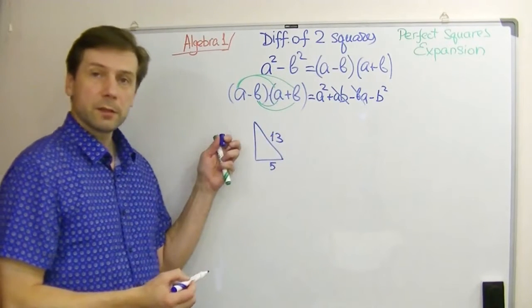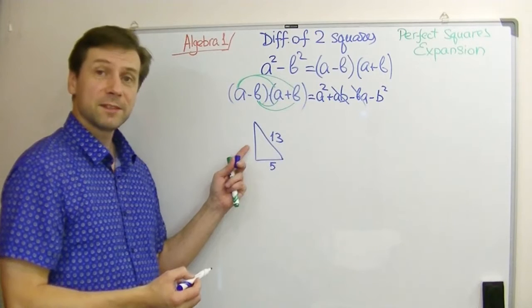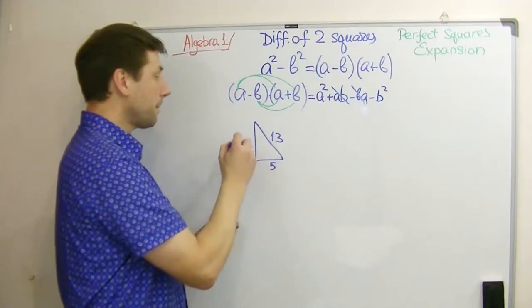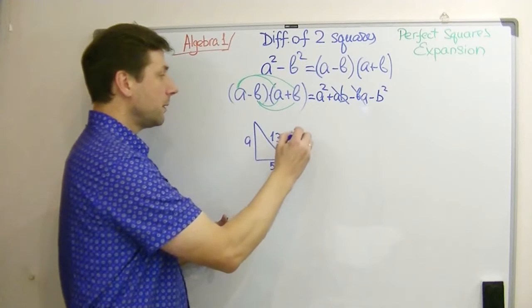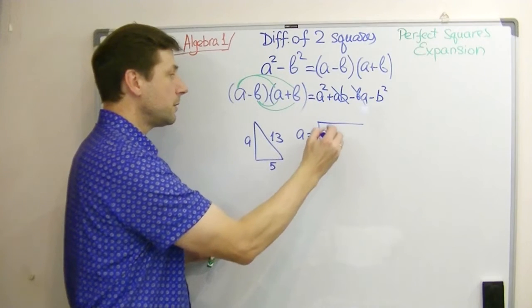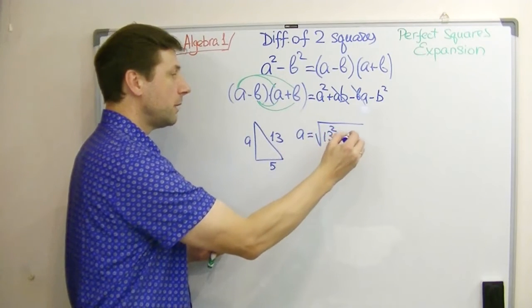To calculate the other leg, we basically use the formula. Let's call it a. A equals the square root of 13 squared minus 5 squared, right?